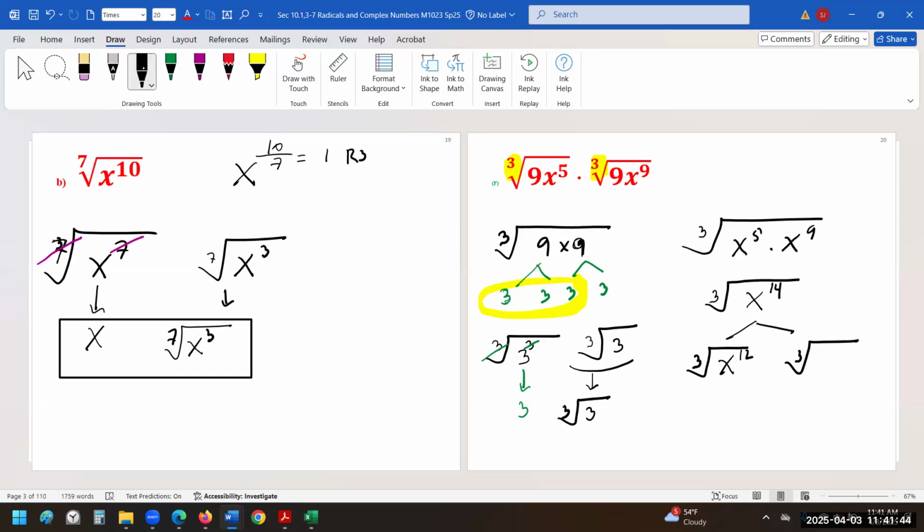That means how many of them are extra? 2 of them. 12 divided by 3, how many do we get? 4. So from here, we get 4 of them free. And this is sad because we can't simplify them. So we just bring it down.